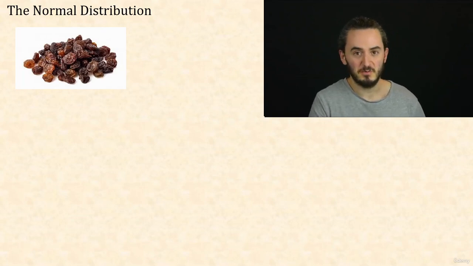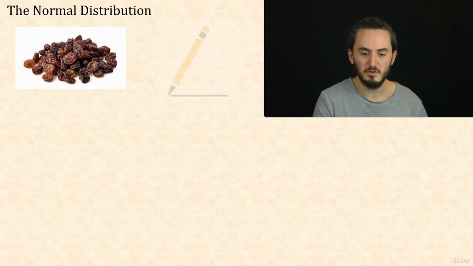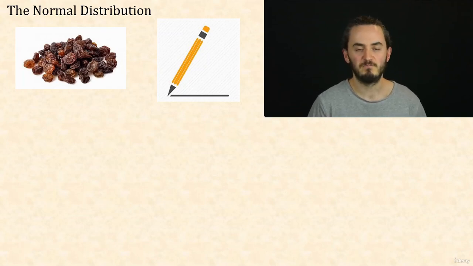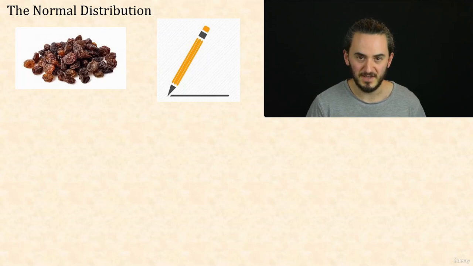I also get a different group, the other half of the room, to all try to draw a 15 centimetre line freehand. In fact, part of their homework is they have to get all of their friends to try to draw 15 centimetre lines freehand as well. Then they measure them and record the results. So over the years, I have gathered a huge database of weighed raisins and of people's 15 centimetre lines.